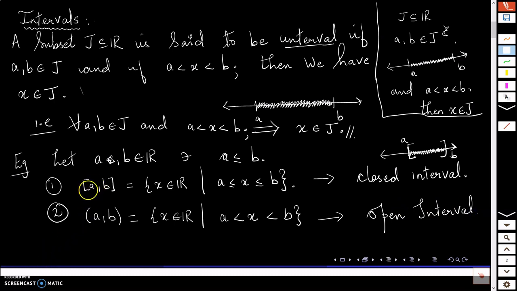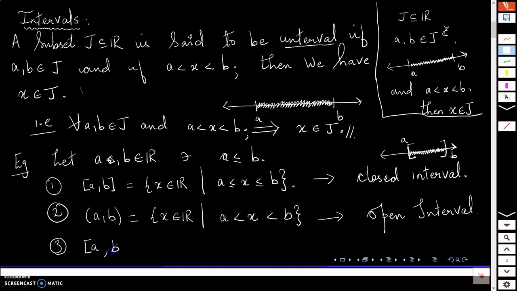Now in the first one we have both the endpoints, in the second one we don't have any of the endpoints. So one possibility could be that one of the endpoints is included in the set and the other one is not. So that will give me an interval of this type. Let's say A is included. Whenever I put a closed bracket here, that means that endpoint is included.